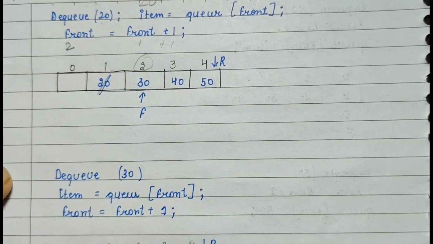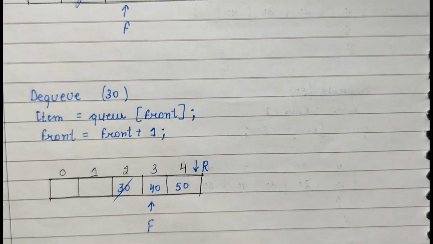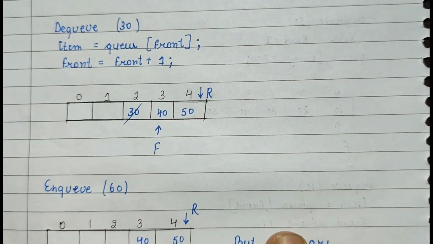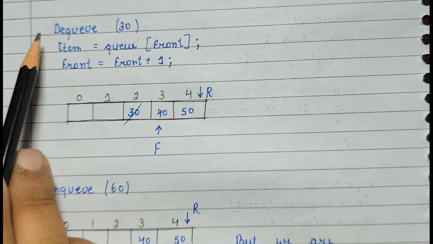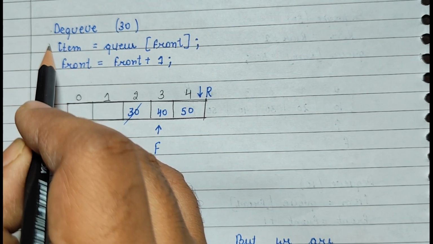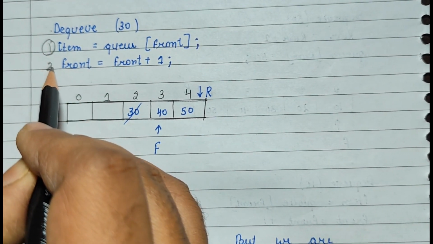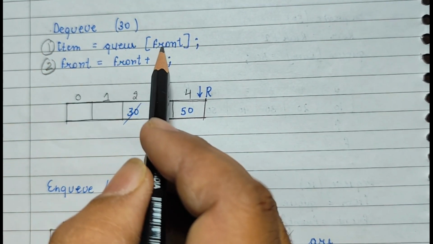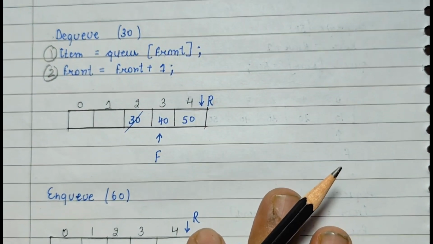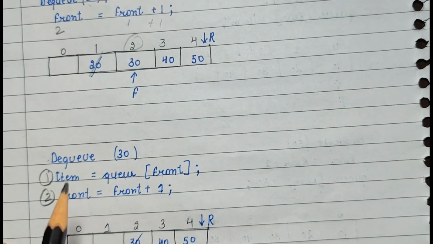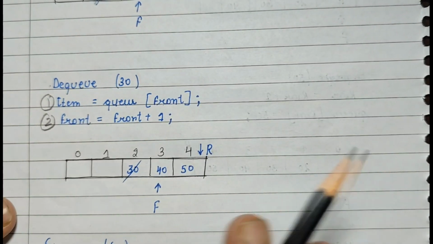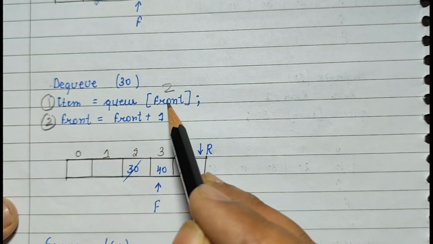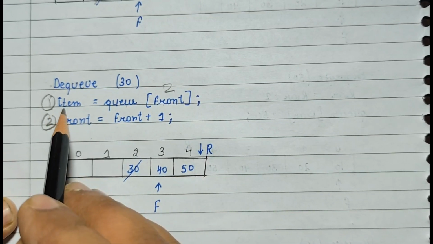Okay. Now we perform another dequeue operation. So now we perform dequeue 30. Now the steps are the same. When we perform the dequeue operation, the first step is to fetch the value. The second step is that front is updated. So item is equal to Q of front. What is the last value of front? The last value of front is 2. It means Q of 2 goes in this item variable.